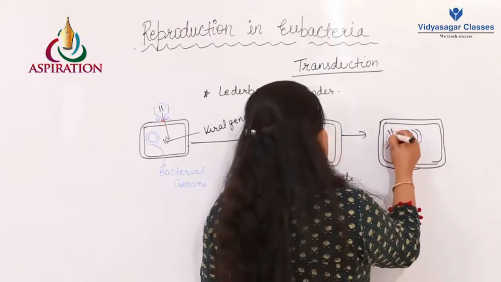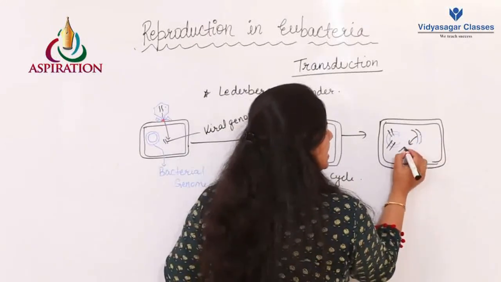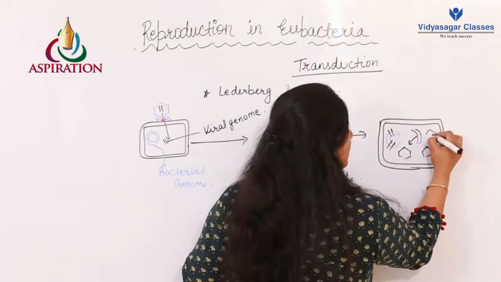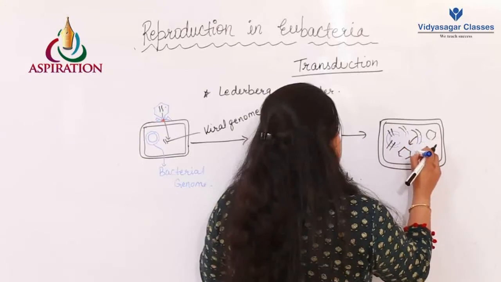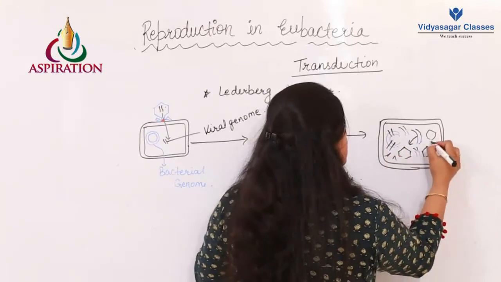It degrades it and starts synthesizing its own parts like the capsid, nucleic acid and tail fibers.